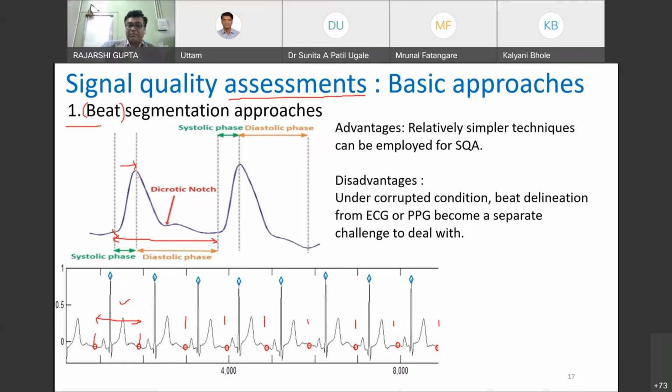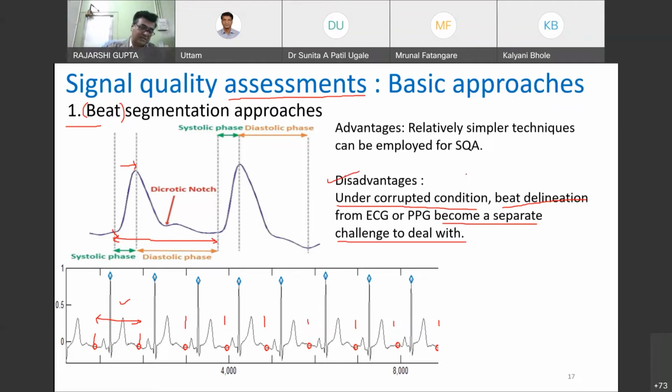But the point is that under corrupted conditions, beat delineation from the ECG or PPG is a separate research area to deal with. If you see in the literature, there are a multitude of papers available on ECG or PPG beat detection, especially under corrupted conditions. So this is the disadvantage or the issue to deal with when the signal is corrupted.